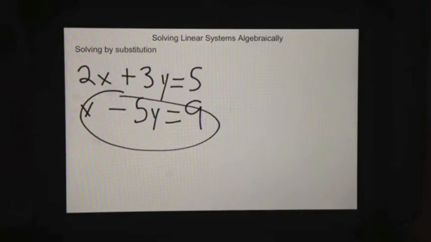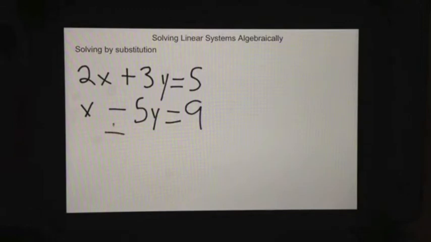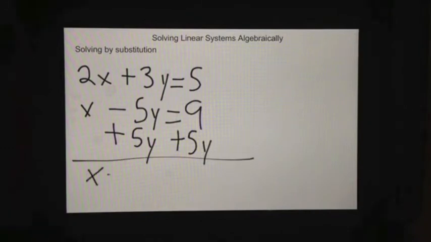Okay, first we want to get x alone, so we're going to add 5y to both sides. You will now substitute that into the equation 2x plus 3y equals 5.